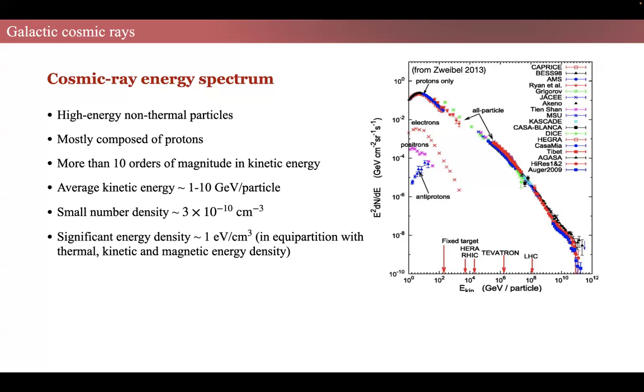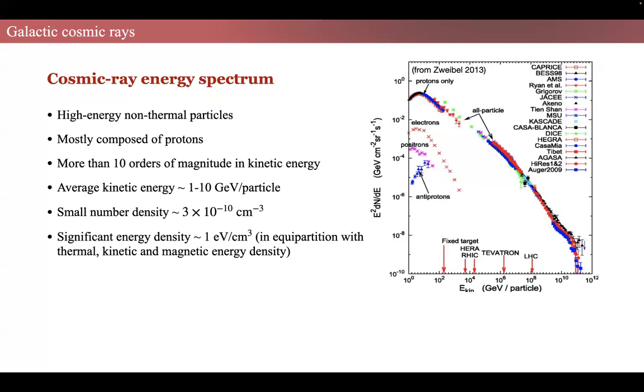Now, from the spectrum, we can integrate to compute the total cosmic ray number density and energy density. The cosmic ray number density is very low, about 10 to the minus 10 particles per centimeter cubed. This means that it's almost 10 orders of magnitude lower than the average gas density in the ISM.